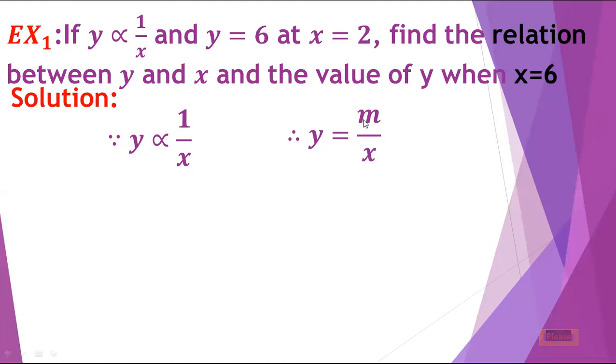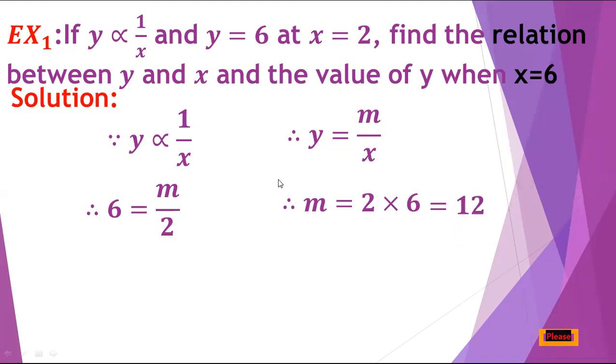How can I find the m, which is the constant of variation? We have in the given two values, the value of y and the corresponding value of x, x equals 2. Put y equals 6 and x equals 2, then m equals 12, since 2 times 6 equals 12.